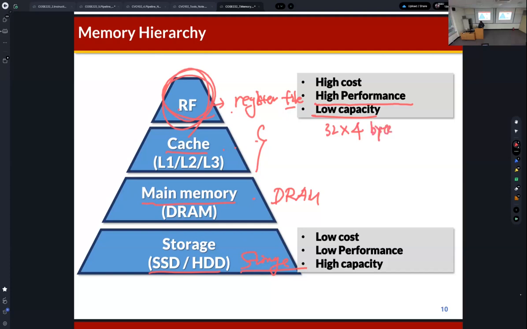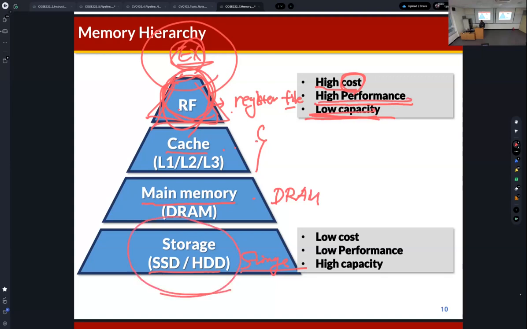We can store just 128 bytes in the integer register file. Low capacity, and then high cost. It's expensive. This small memory is here, and the execution engine, the processor, is actually here. So near the processor, we find small, low capacity, fast, high performance memory.